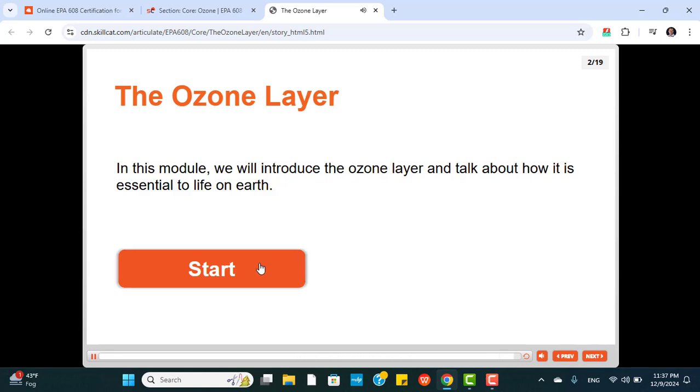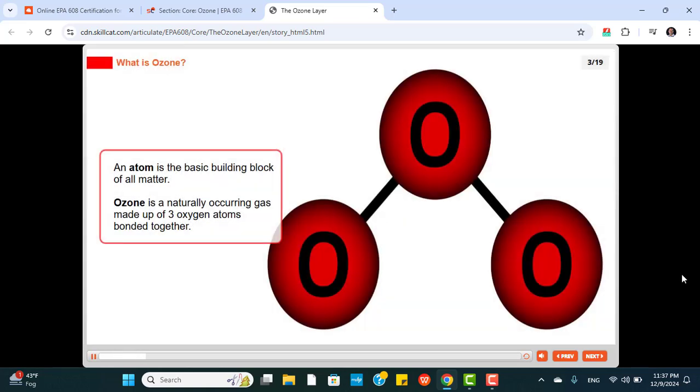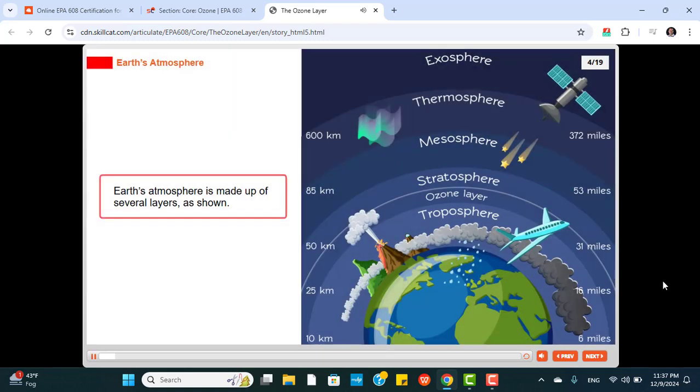An atom is the basic building block of all matter. Ozone is a naturally occurring gas made up of 3 oxygen atoms bonded together. Earth's atmosphere is made up of several layers, as shown.